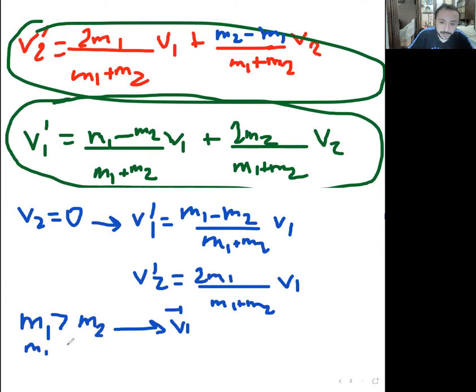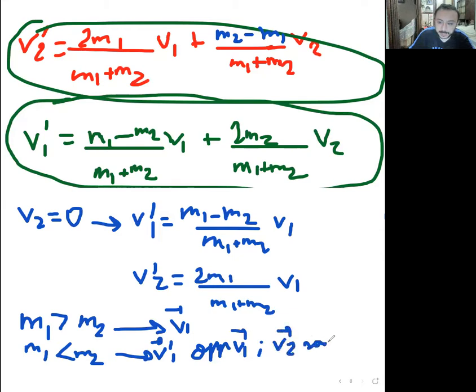And if m1 is less than m2, v prime 1 will have the opposite sign of v1, and v prime 2 will have the same sign as v1.